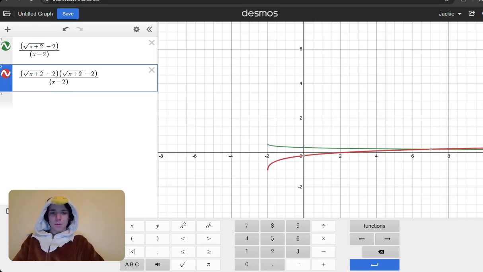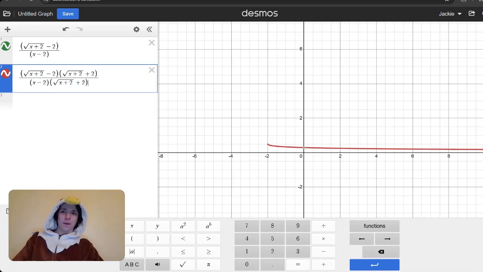So we're going to multiply by the square root of this thing plus 2 instead of minus 2. We should make sure we do it on the top and the bottom, and as we can see, the function still matches. So now we get this, and this just evaluates as the square root of x plus 2 squared minus 2 squared.